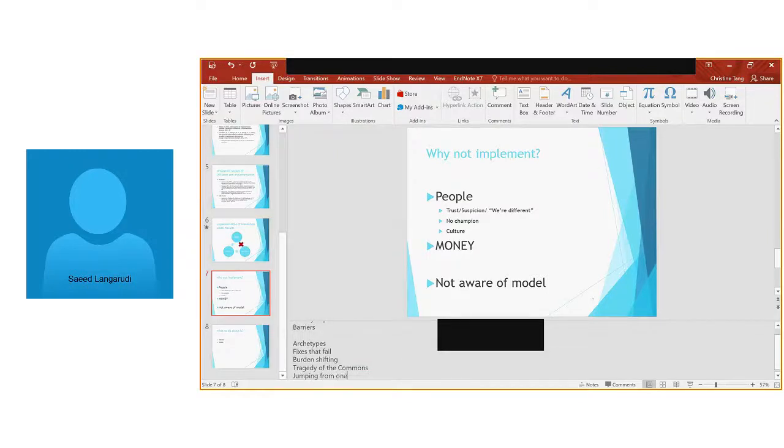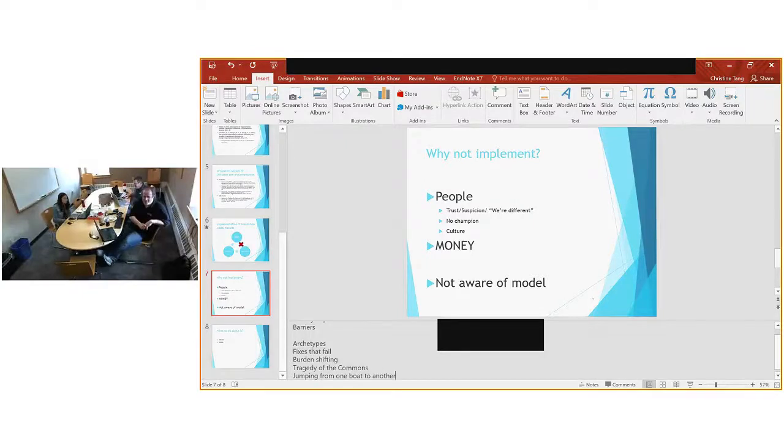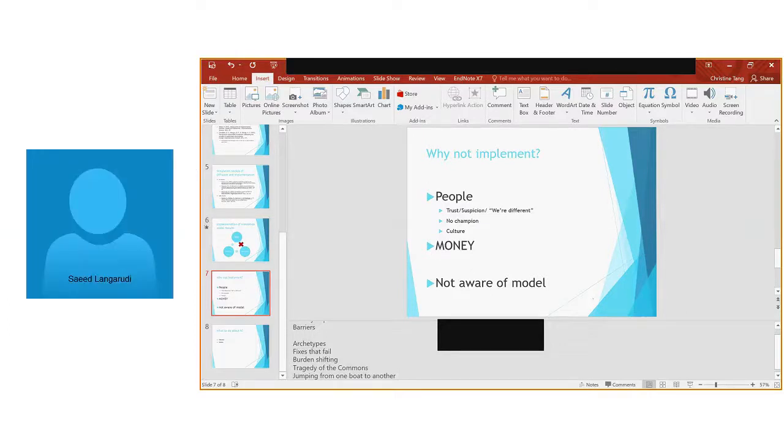I don't know exactly the name of this generative structure, but it is basically saying that switching from one working system, which could be an old way of doing things, into another one is like jumping from a boat in a white river. So it is very difficult.